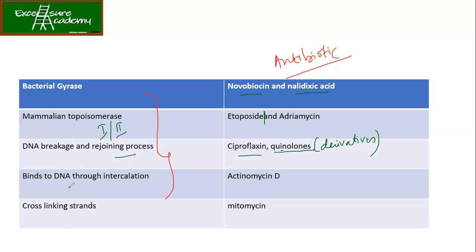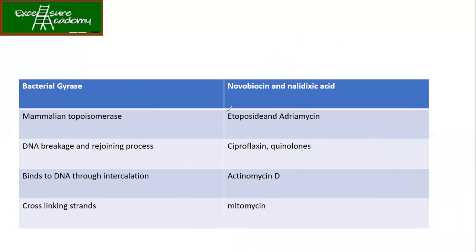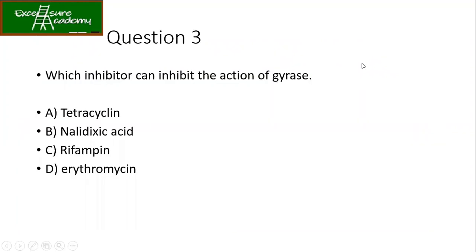Now suppose it is binding to the DNA through intercalation. What does intercalation mean? Going and sitting in between the DNA, like how your EtBr goes in and binds, right? So the inhibitor is going to be actinomycin D. Now cross-linking the strands, mitomycin. Clear? Based on this, there was one more question from previous years. Which inhibitor can inhibit the action of gyrase?